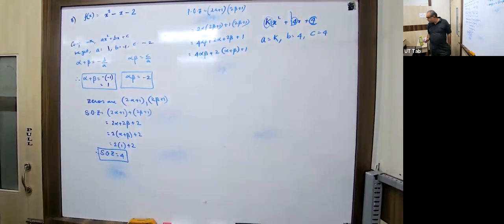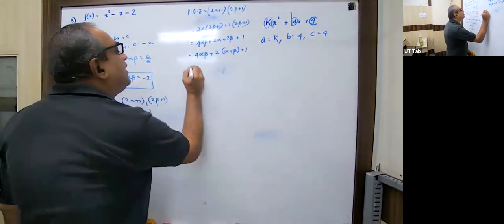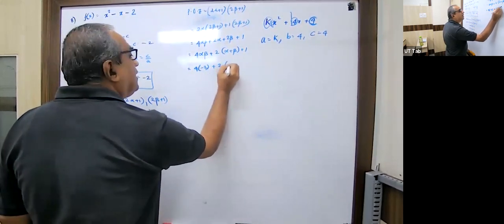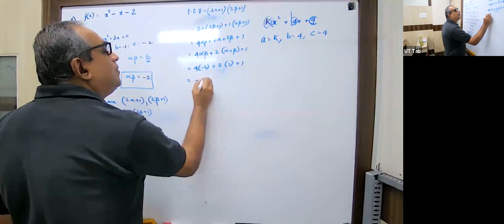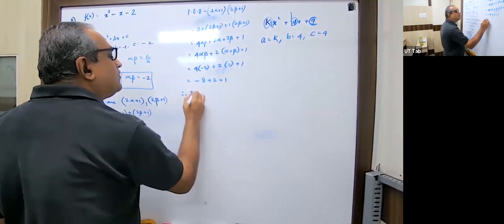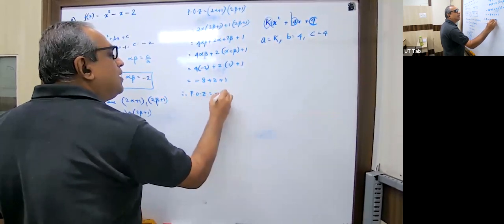Do you agree? What is alpha into beta? What is alpha plus beta? Minus 8 plus 2 plus 1. Therefore, the product of the zeros is minus 5.